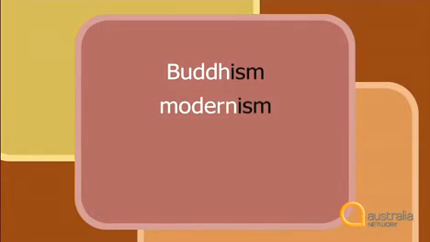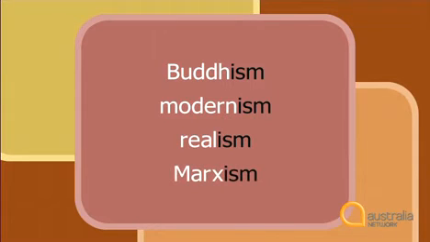For example, Buddhism, modernism, realism, or Marxism. And the people who believe these ideas can sometimes be described by adding the ist suffix. So we get Buddhist, modernist, realist, or Marxist.